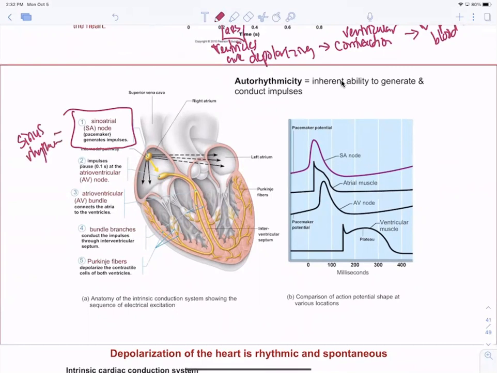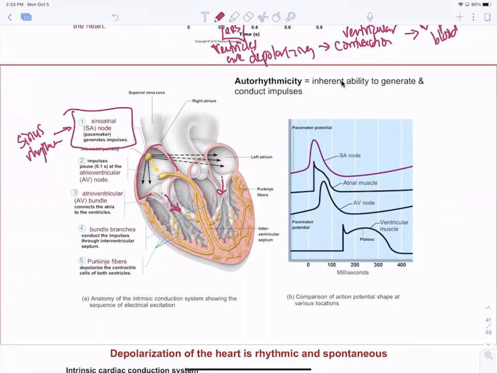And so your sinus rhythm is set by these pacemaker cells of the SA node. Then the AV node here, and then there's a little delay for the atria to contract and squeeze a little bit more blood down into the ventricles. So then the ventricle pressure is high enough to close these AV flaps.